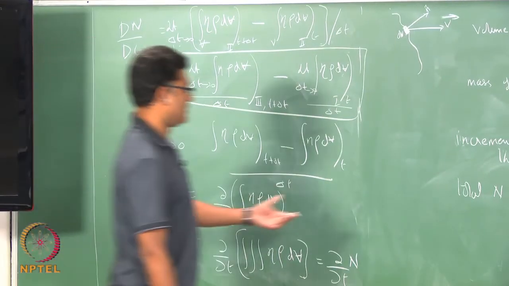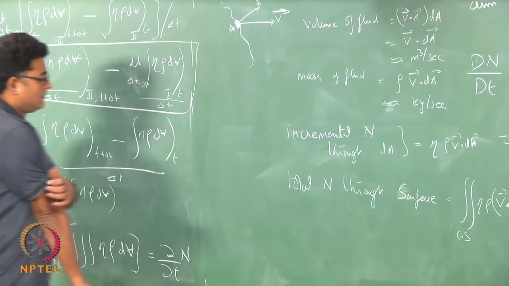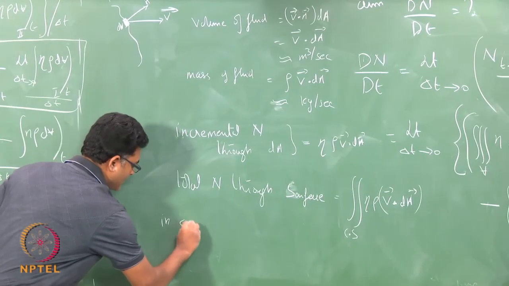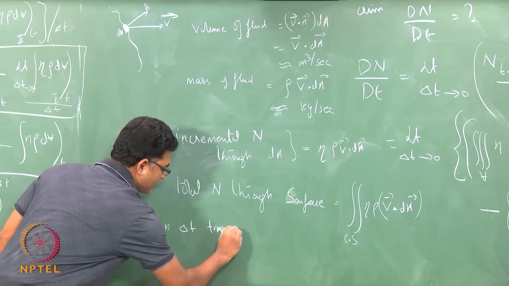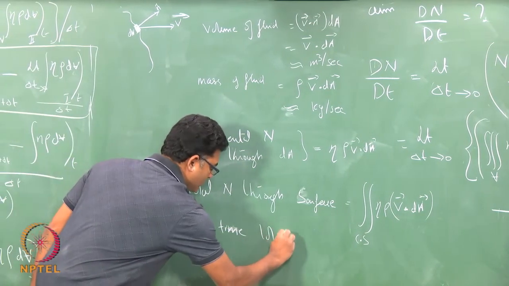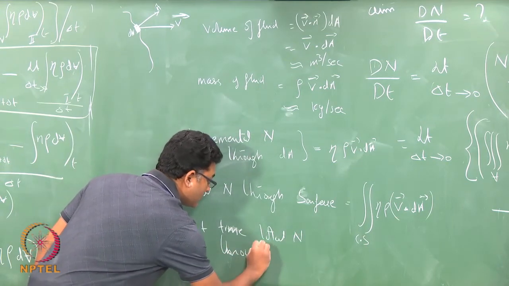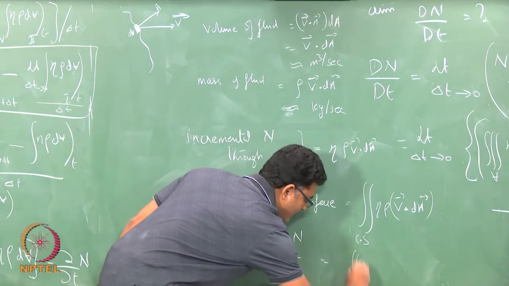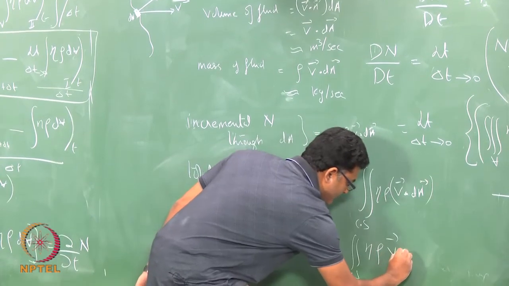Okay, this is per second. So, in delta t time, the total N through the surface is this quantity multiplied by delta t.